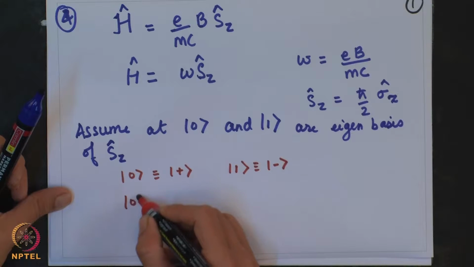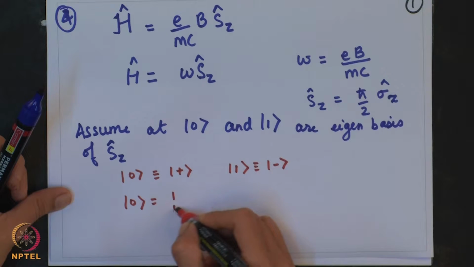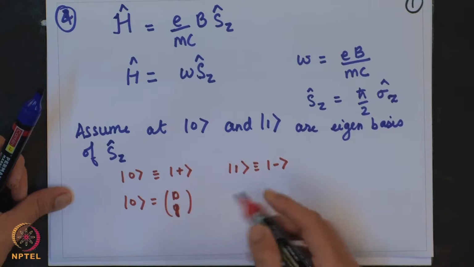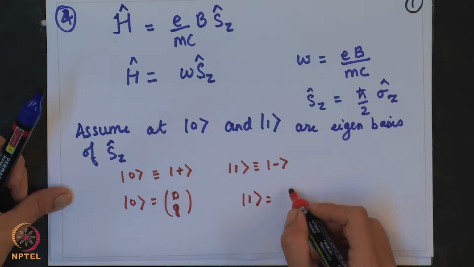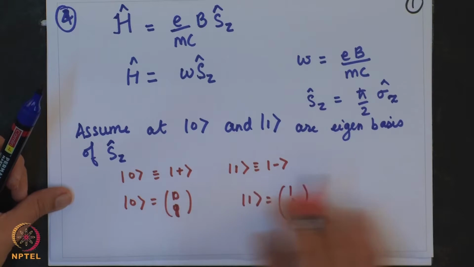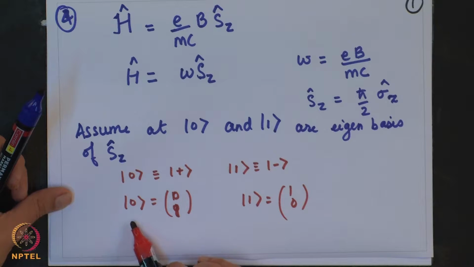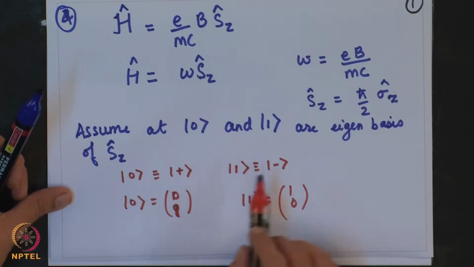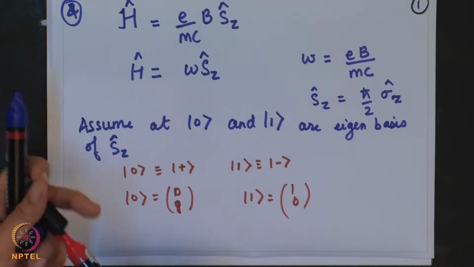So, here 0 indicates the 1 0 state and 1 indicates the 0 1 state. Instead of plus and minus kets, I am denoting them as 0 and 1, please do not get confused.